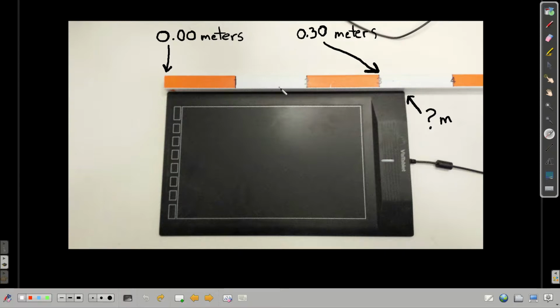When we record a measurement that we take using this meter stick, we're going to write down 2 places past the decimal. So there's 0, there's 0.3 meters. Where is it here? Well, I'd say it's less than halfway. What do you think? Maybe 0.33, something like that. You're guessing, right? Make your best estimate. So let's call that 0.33 meters.